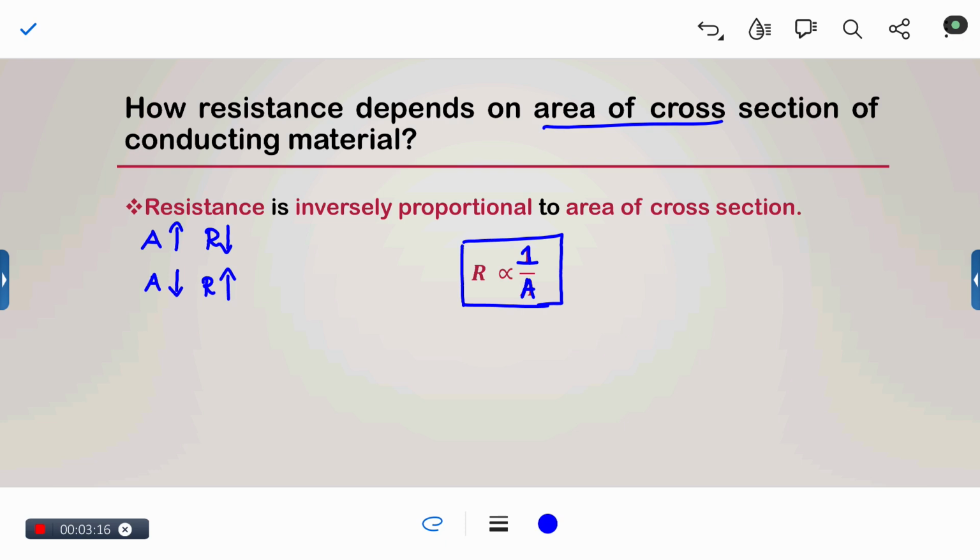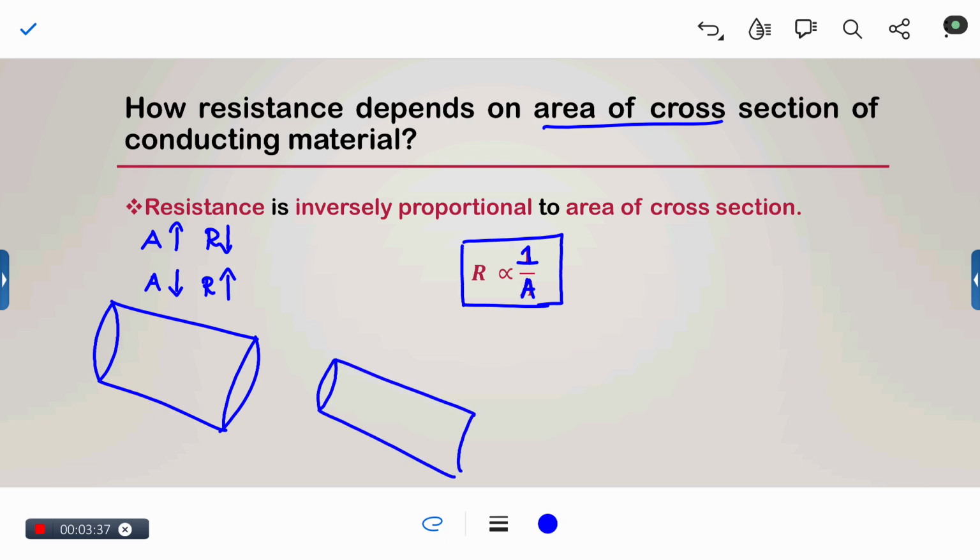Let's take two different wires of the same length but different area of cross section. Let's take this wire is X and this is Y. Both wires are having the same length, L and L. But here the area of cross section is high, for example, let's take it as 2E.